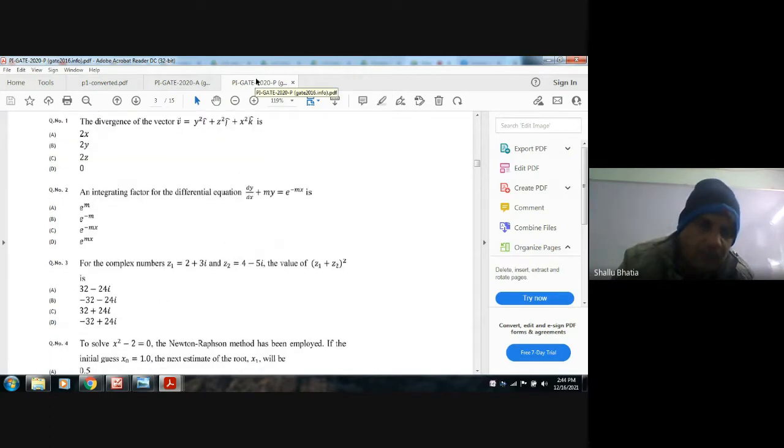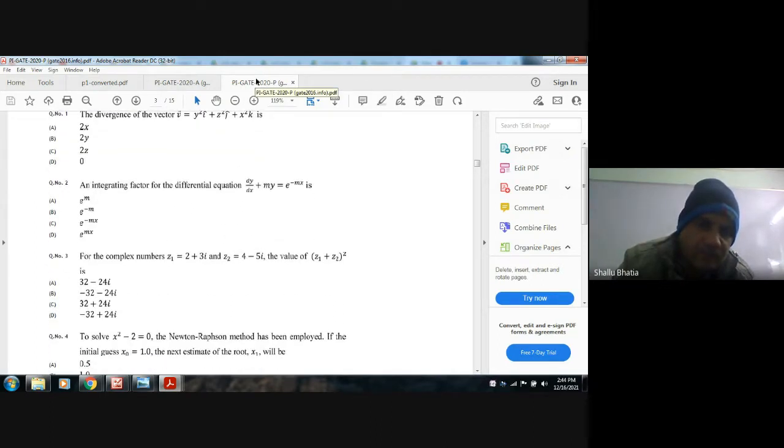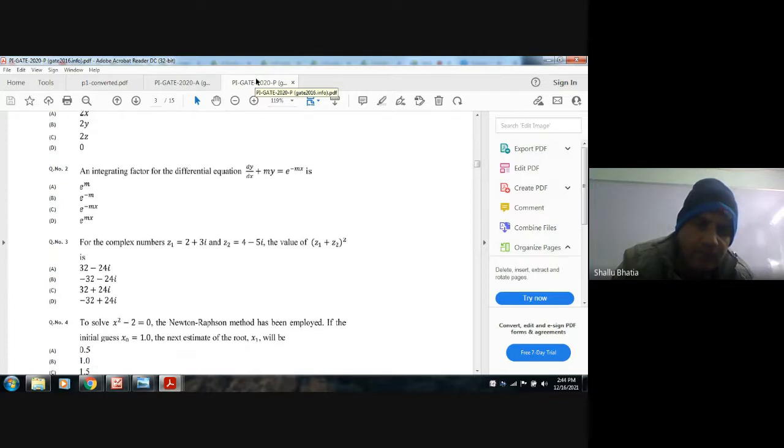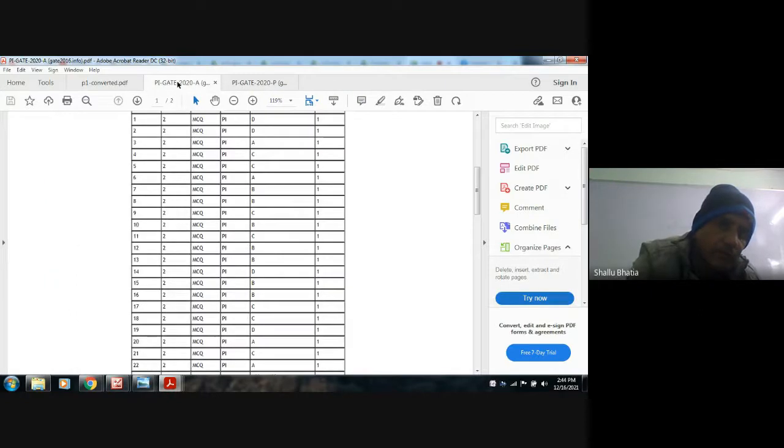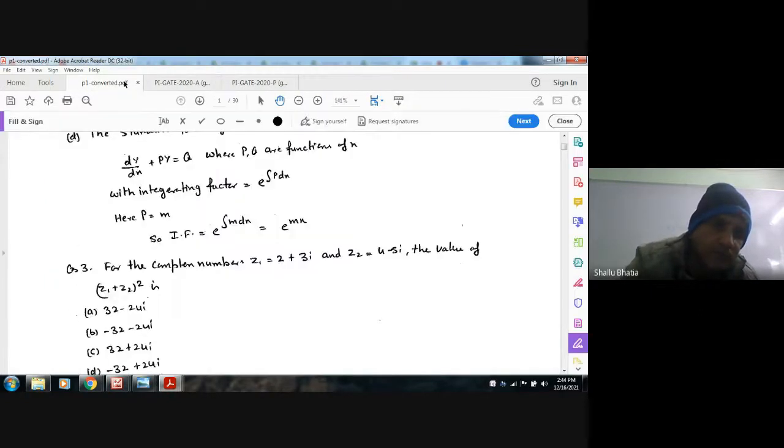For the complex numbers z1 = 2 + 3i and z2 = 4 - 5i, the value of (z1 + z2)² is option A 32 - 24i, B -32 - 24i, C 32 + 24i, D -32 + 24i.